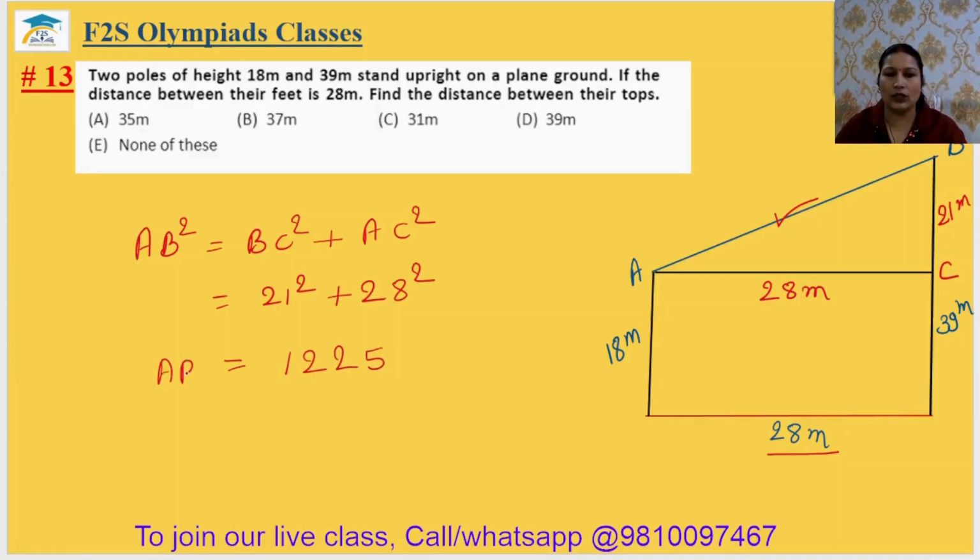So AB square will be equal to 1225. When you find the square root of 1225, you will get 35 meter. So the length of AB is 35 meter. It is in option number A. The 13th answer is option A.